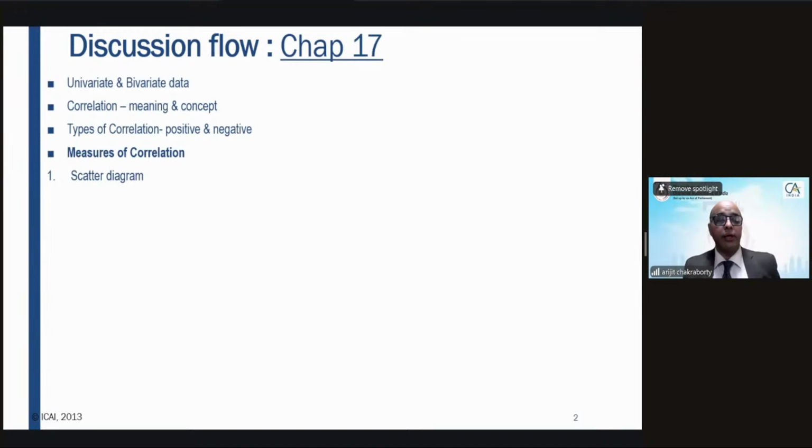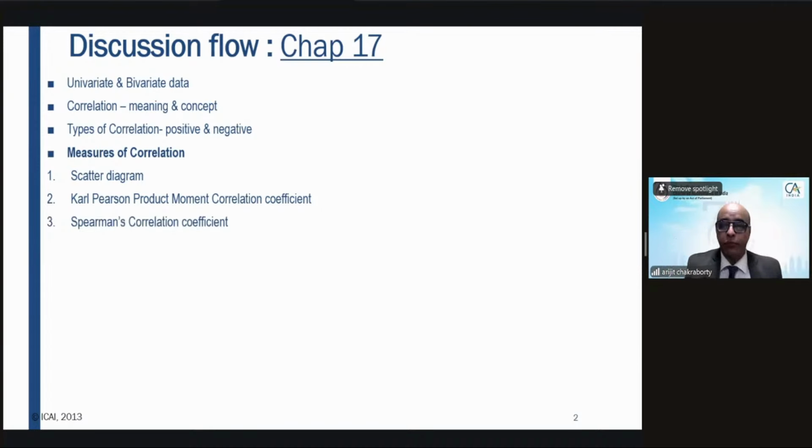Then we will examine the different measures of correlation. यहाँ पे हम लोग चार important जो correlation measure करने के लिए, how to measure the relation between two sets of data. So first हम लोग scatter diagram के बारे में थोड़ा सा जानकारी ले लेंगे. इसके बाद we will move into Karl Pearson's product moment correlation coefficient, which is indicated with r as the correlation coefficient symbol.